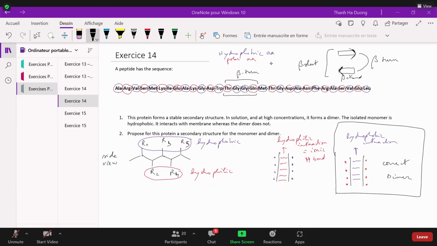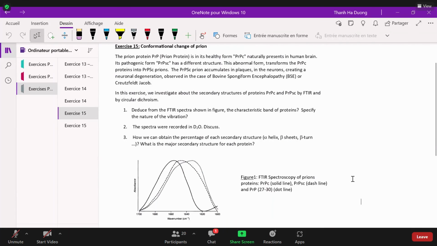No? So, last exercise. Okay. So you know the prion proteins? They are the proteins involved in neuronal degeneration diseases such as Creutzfeldt-Jakob disease. In these prion proteins, you have two conformations.